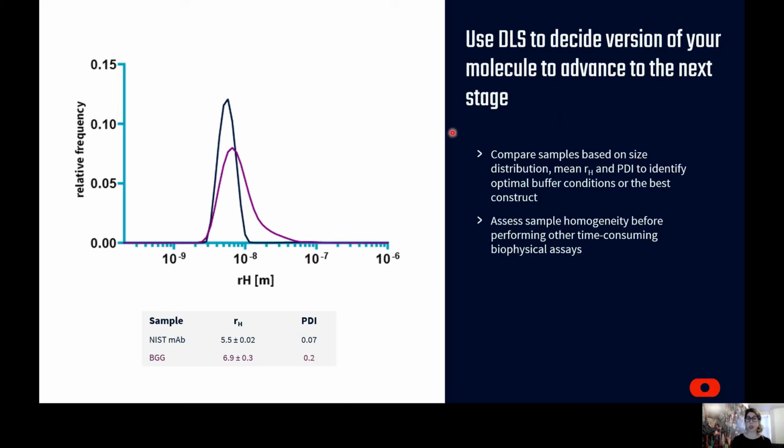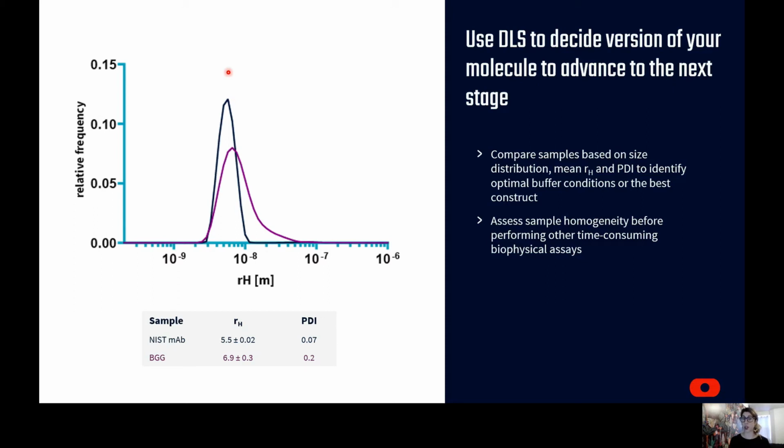So here we have some DLS data of NIST-MAB in histidine buffers shown by the navy plot, and bovine gamma globulin in saline buffer shown by the purple plot. So the size distribution plot indicates that MAB is very homogeneous and monodispersed, indicated by a small PDI value and a sharp, narrow peak.